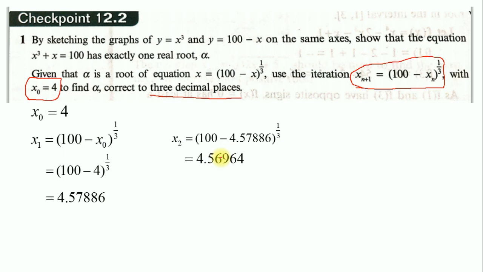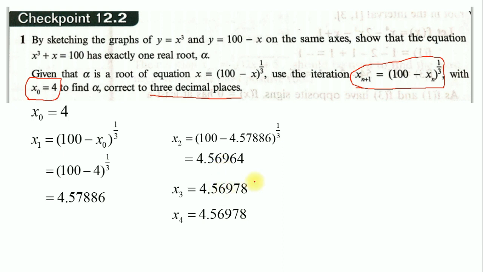For subsequent approximations, you just need to write the answer. You don't need to show the working. So for x3, I will use x2, substitute into the equation, and then I will get 4.56978. And then I will repeat the process by using x3, substitute into the formula, and I get x4.